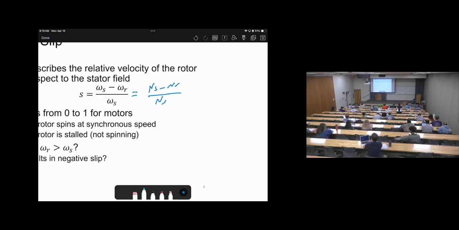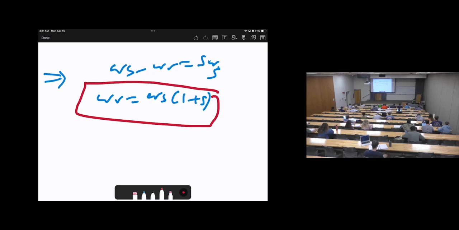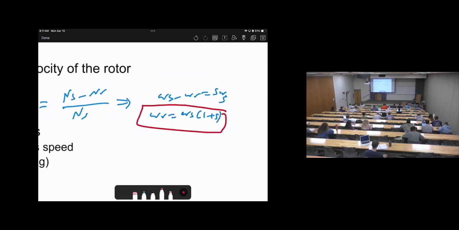If we do the multiplication, omega s minus omega r equals s times omega s. Then omega r equals omega s times 1 minus s. I apologize, it is 1 minus s, not 1 plus s. So we can control the speed of the induction motor by controlling the slip, where s is the slip.